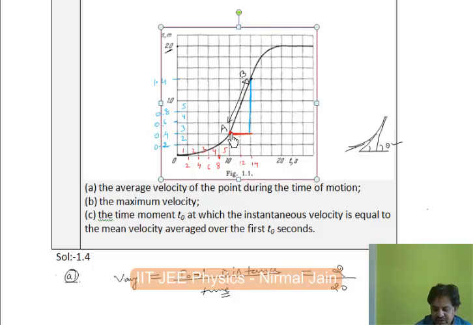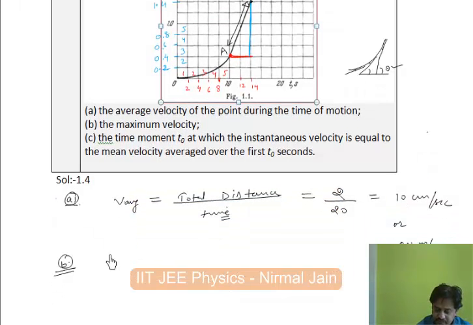To find the maximum velocity, we can simply find the velocity during the interval 10 to 14 seconds, because the velocity is constant in that interval, and that constant velocity is the maximum one, which was at A also.